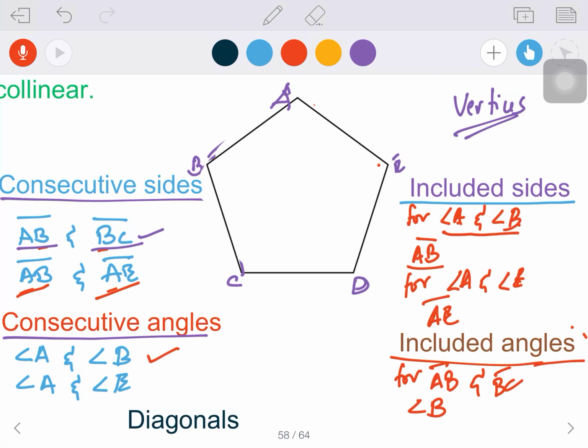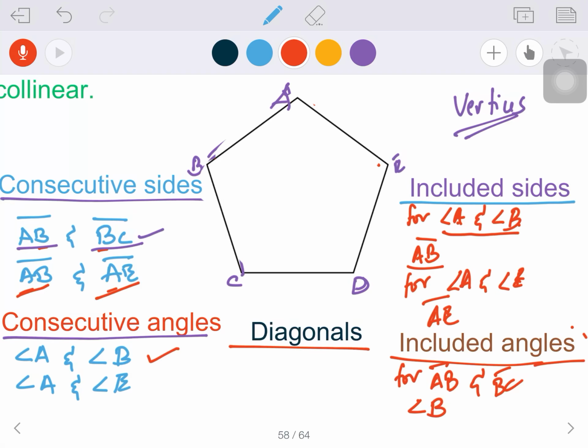Now, down to the last part, which we call diagonals. When you talk about diagonals, this is a segment that is drawn from one vertex to another vertex which is not a consecutive vertex.